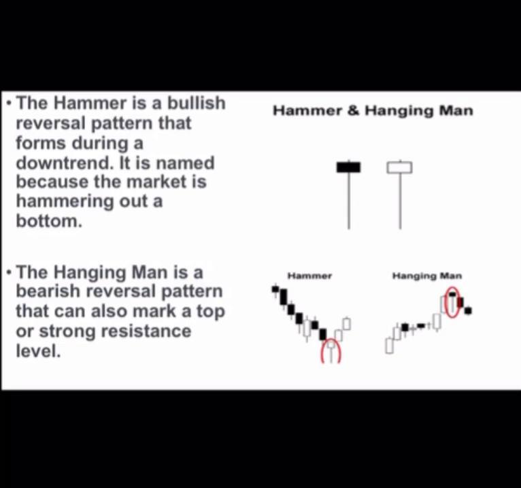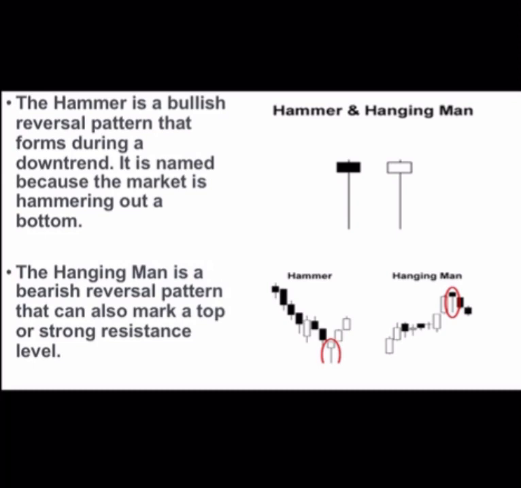When you see this kind of candlestick, it means there's going to be a reversal in the trend of the market. Remember, in Forex, either the market is trending up or trending down. If there is a downtrend and all of a sudden you see this hammer candlestick appearing, just know that there's going to be a reversal, and the market is about to start shooting up, meaning it's going to go bullish.